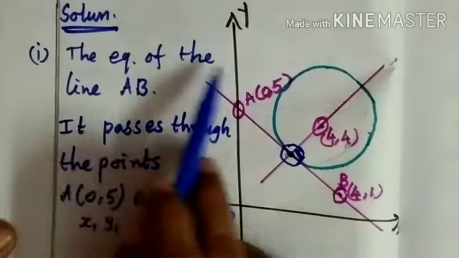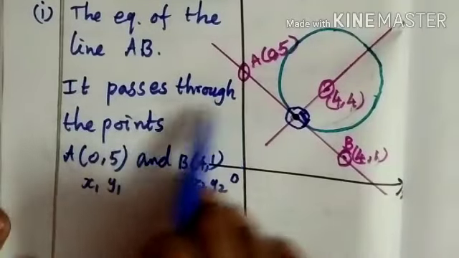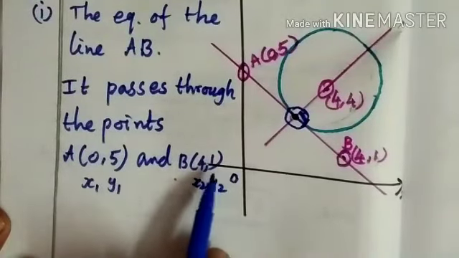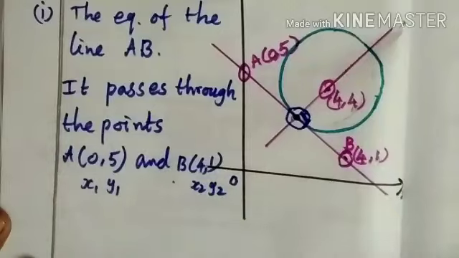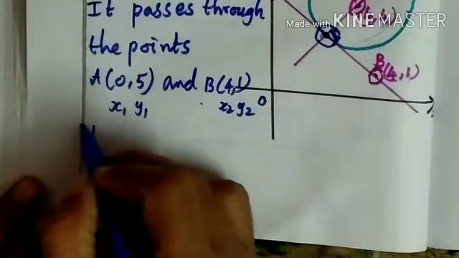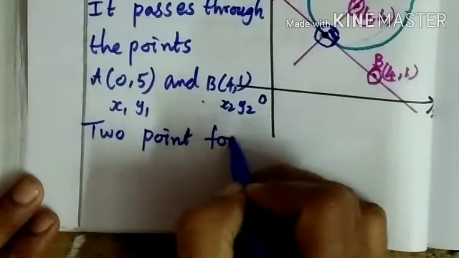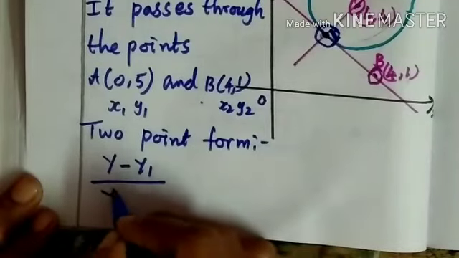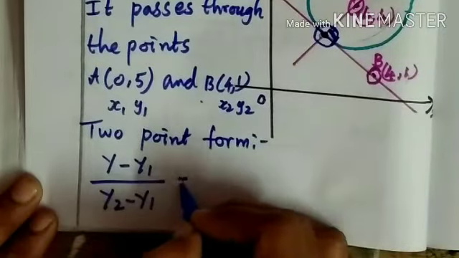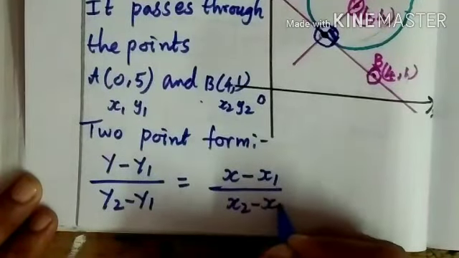First subdivision, the equation of the line AB. First you take down and write the given points. It passes through the points A(0, 5) and B(4, 1). Let us assume these points are x1, y1, x2, y2. By the two-point form, the equation is (y minus y1) by (y2 minus y1) is equal to (x minus x1) by (x2 minus x1).